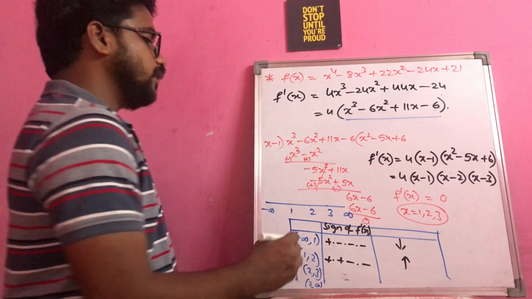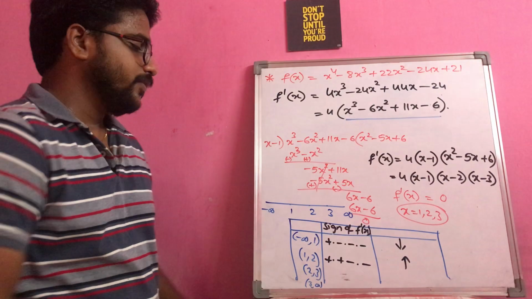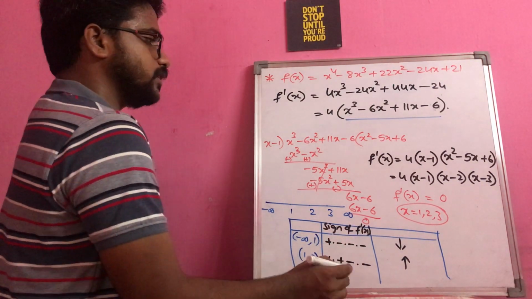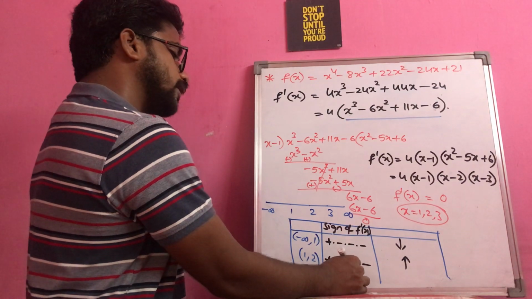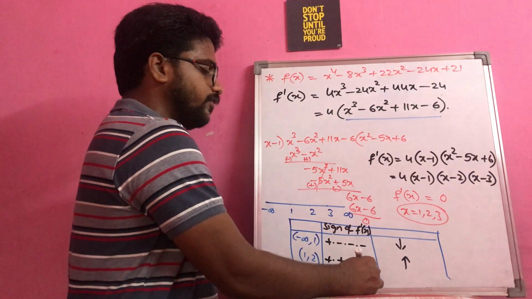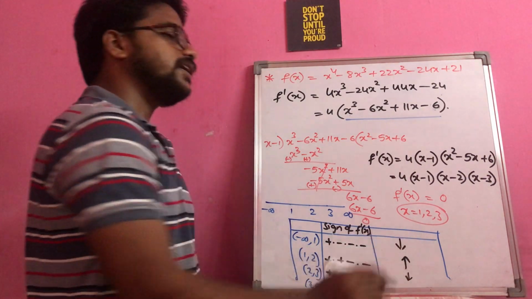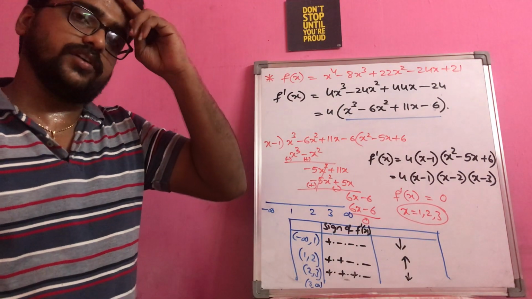Come to 2 to 3, I can take again 2.5. 4 is positive, 2.5 minus 1 positive, 2.5 minus 2 positive, 2.5 minus 3 negative. So again finally it is negative, so it is a decreasing function.